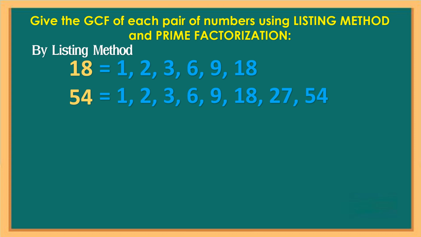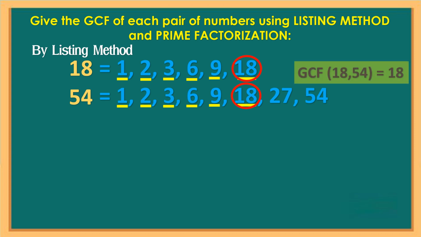The common factors of these two numbers are 1, 2, 3, 6, 9, and 18, and the greatest is 18. Therefore, the GCF of 18 and 54 is 18.